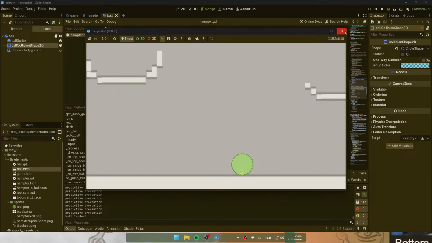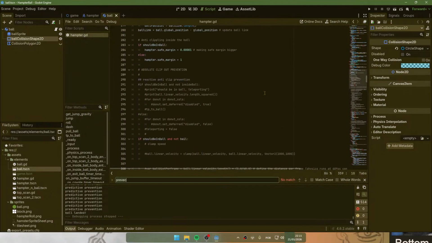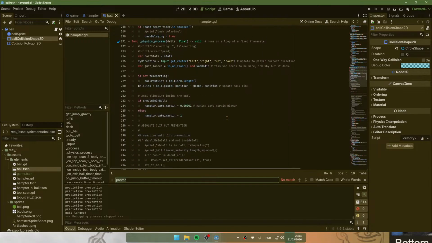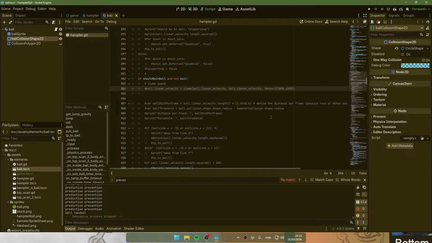Where's the clamp? Just scroll up here. It's right here, right? The fuck? Clamp speed. There we go. Clamp that. I put that to 500, 600. Sure.